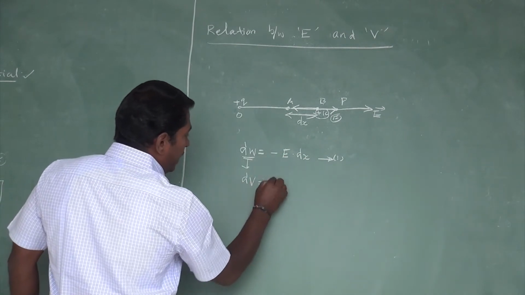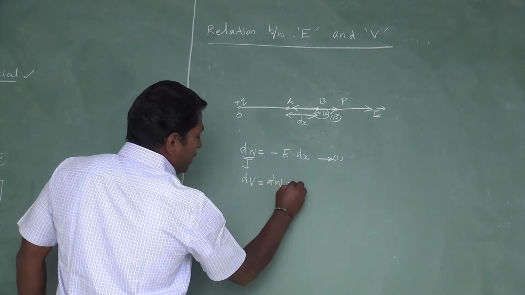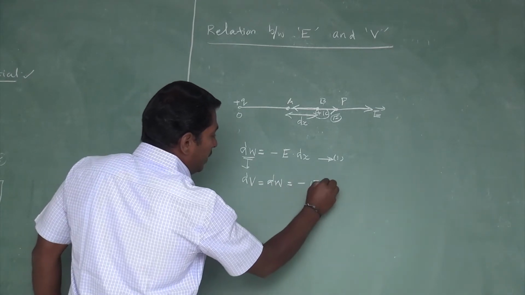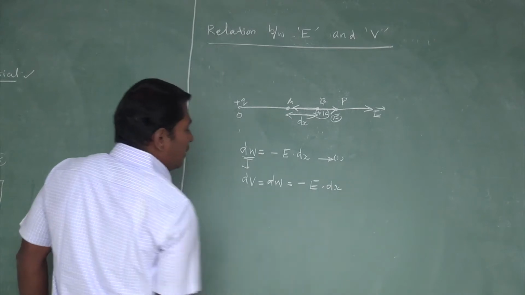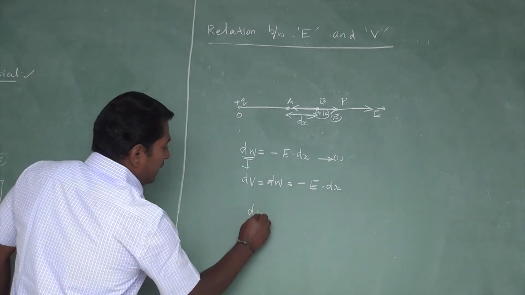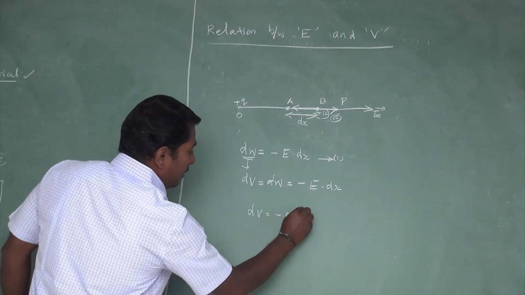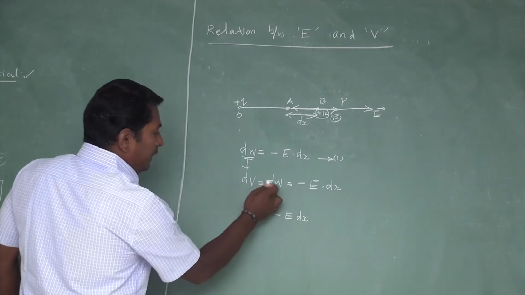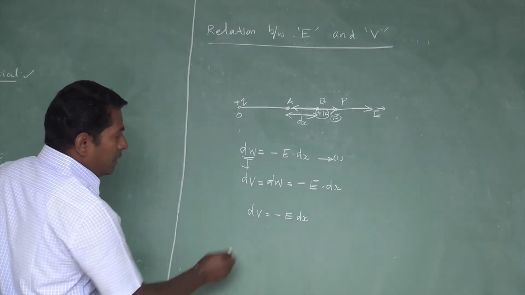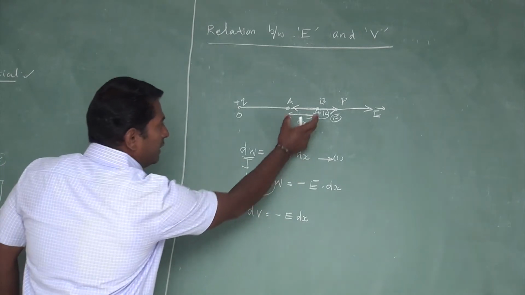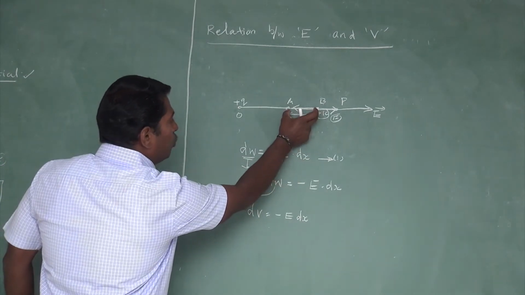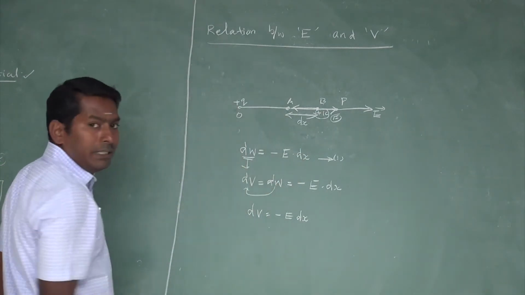So dV is equal to dW, which is equal to minus E dot dx. Therefore dV is equal to minus E dot dx, because the total work done is the difference in potential between 2 points in an electric field produced by the positive point charge.